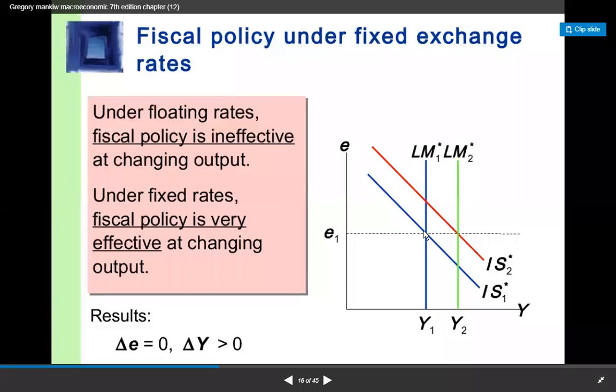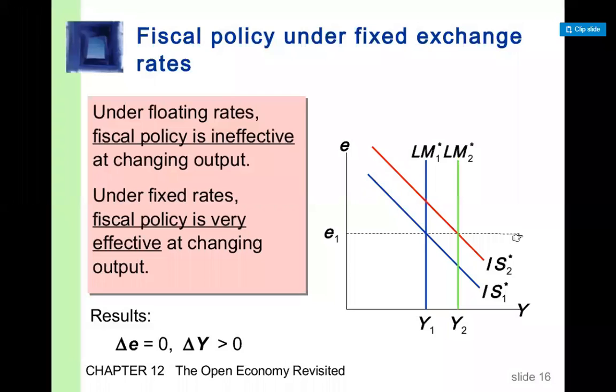The initial equilibrium is over here, where the exchange rate is fixed. When the exchange rate is fixed, we draw a line to fix the exchange rate. Now, the State Bank will fix the exchange rate by shifting the LM curve in any kind of policy.